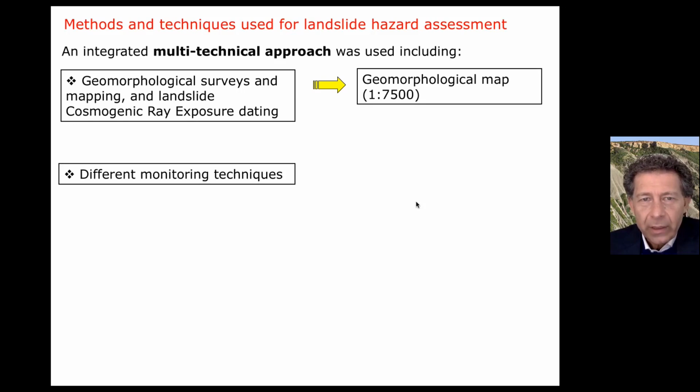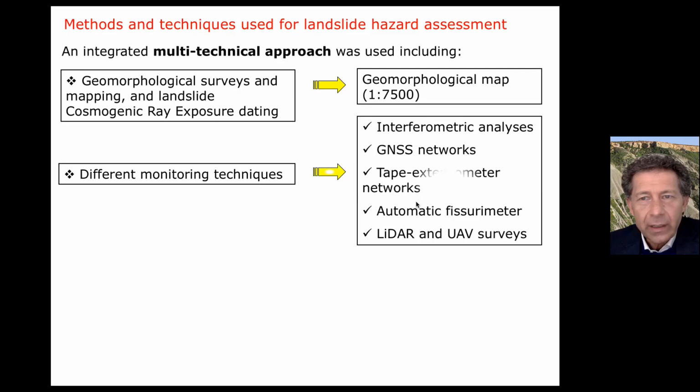But before going to this, what are the monitoring techniques that we applied? So interferometric techniques, GPS ones, we used extensometers, fissurimeters, we used lidars, we used uncrewed aerial vehicles, that is drones, for our surveys.